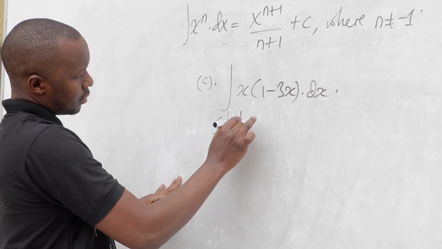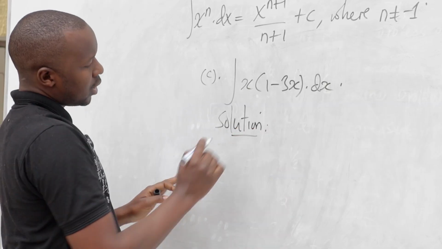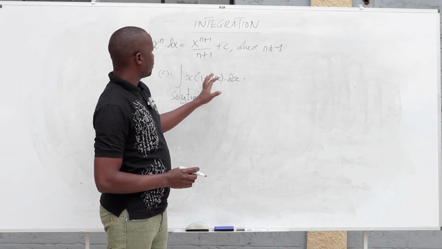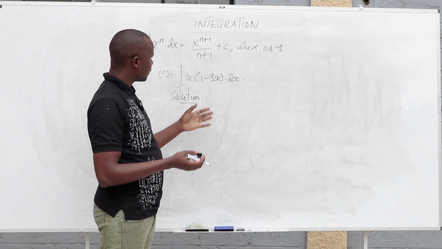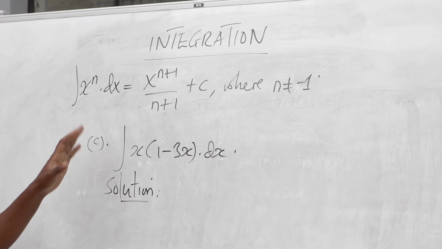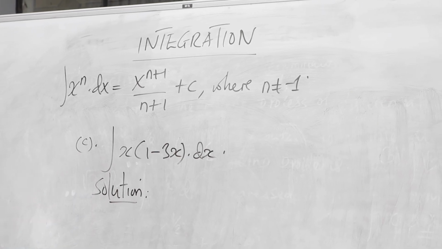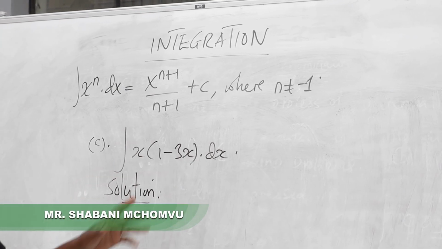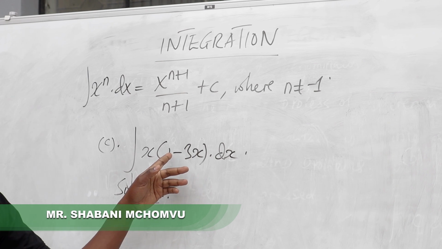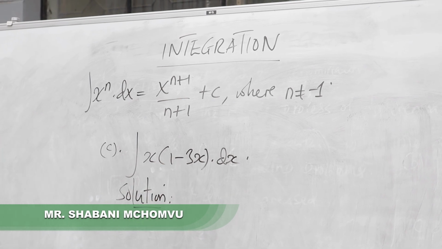Solution: what we need to do here is open the bracket so as to have the general expression. So let's see the other kind of example where we have the power function but involving operators like the minus operator.